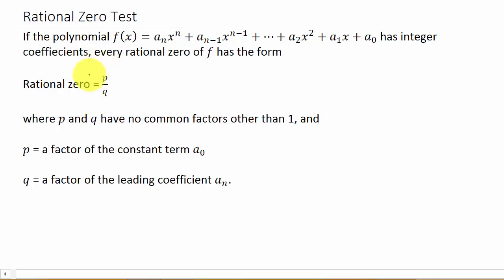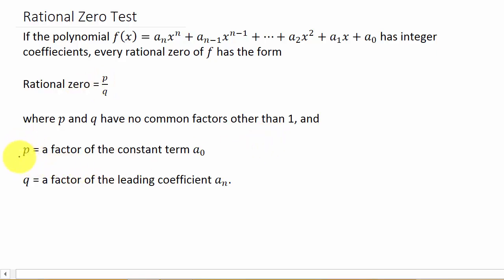That would be the form of your zero, p over q. P and Q have no common factors other than 1. That means it's reduced, you would reduce the fractions.